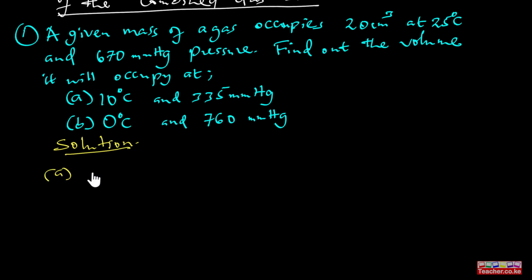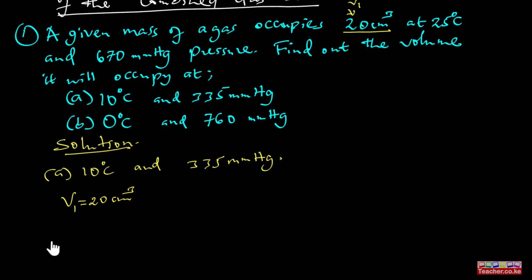Solutions. A. Before starting to calculate, let's extract the values, as we have always said. A given mass of a gas occupies 20 cubic centimeters. So 20 cubic centimeters is our V1. So we write it down, V1.